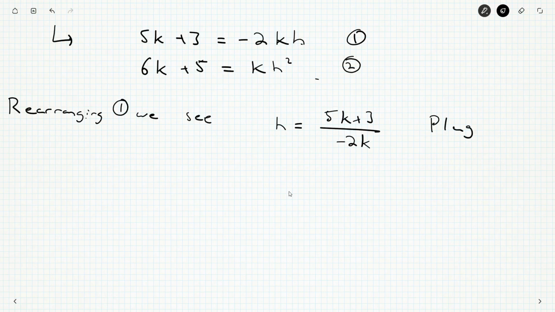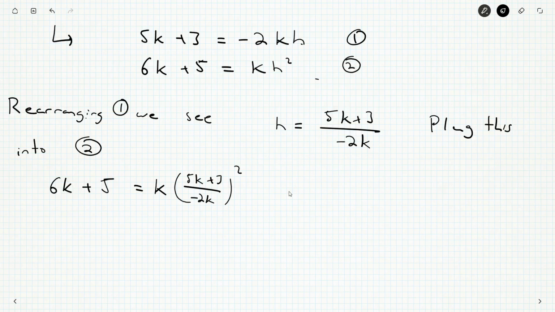And let's say plug this into 2. It looks like we'll get a quadratic here. So 6k, oh, maybe we'll get a cubic actually. 6k plus 5 has got to be equal to k times ((5k plus 3) over minus 2k) all squared. So that'll be k times (25k squared plus 30k plus 9). 3 times 5 is 15, times 2 is 30.